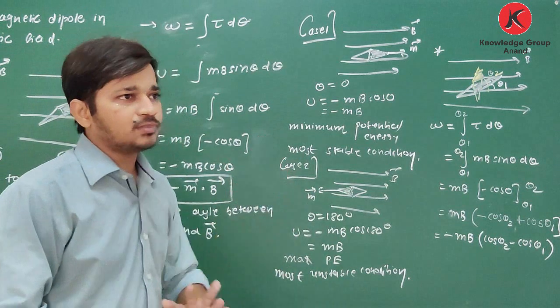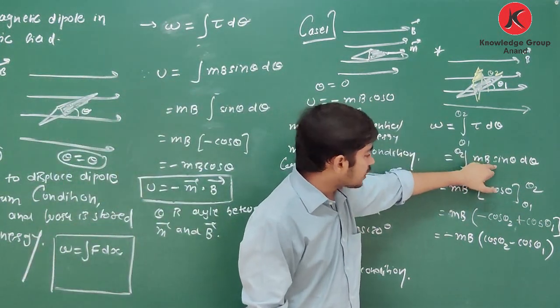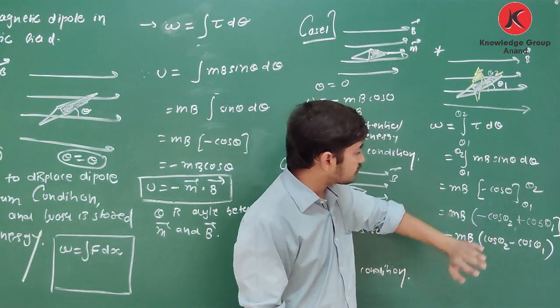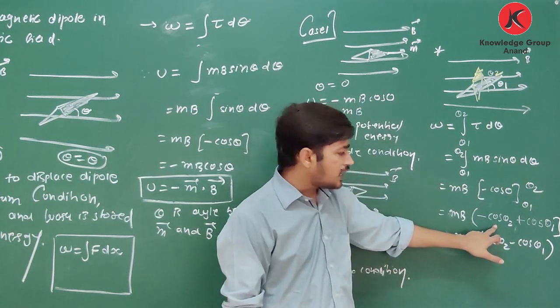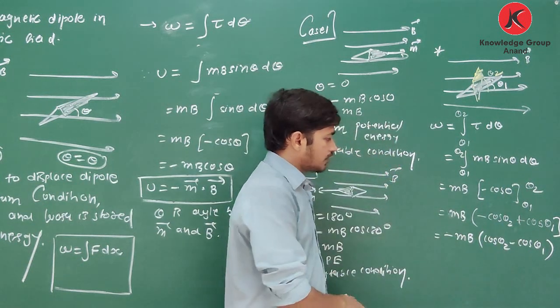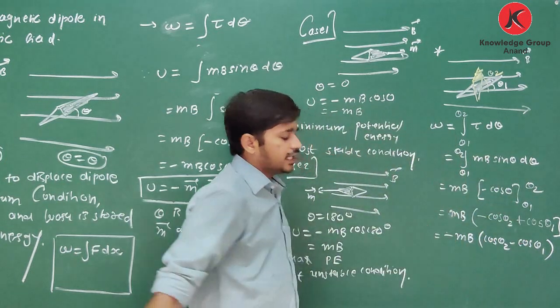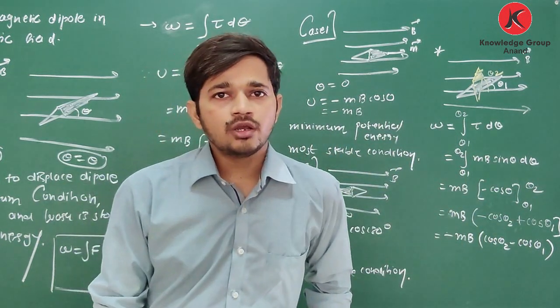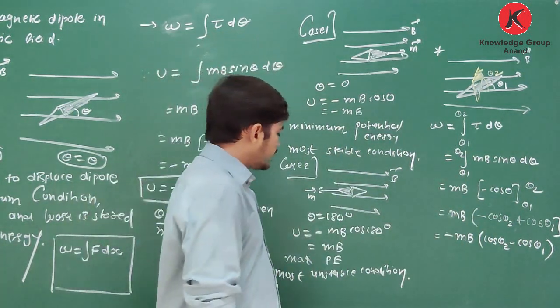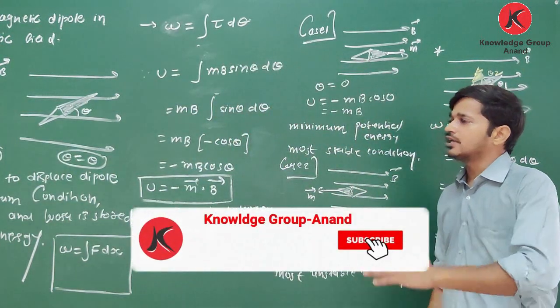Take care about this integration of tau, MB sin theta, whose integration is minus cos theta; the upper limit minus cos theta also will become positive if I take minus common. Clear about this? Okay, so yes, you have to remember all these equations for a dipole in a uniform magnetic field.